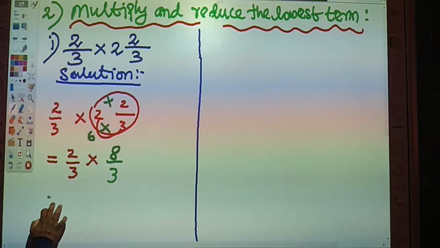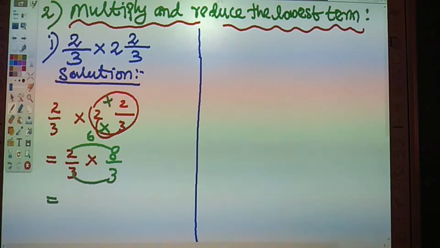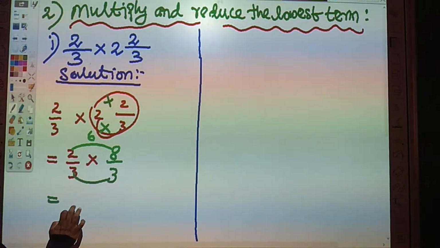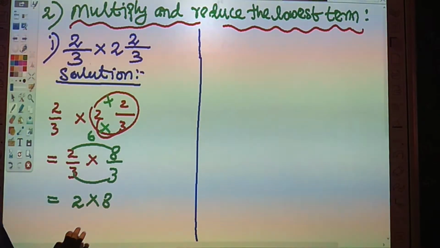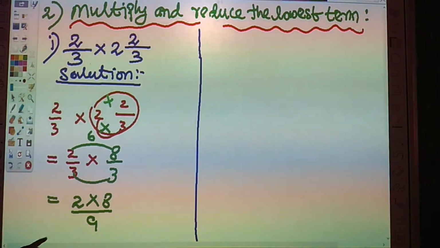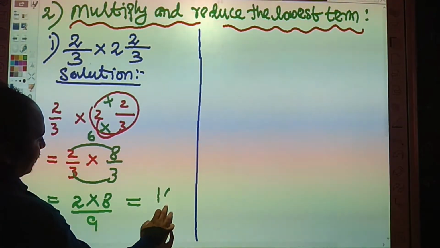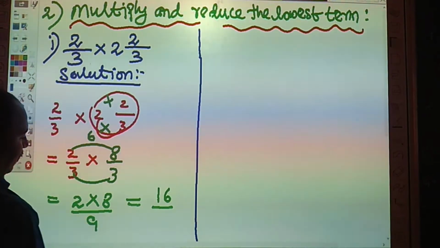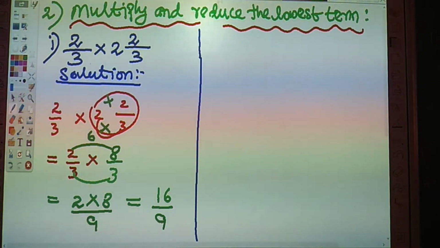So our answer is numerator into numerator, denominator into denominator. 2 into 8, then divided by 3 threes are 9. 2 eights are 16, then divided by 9. 16 divided by 9.